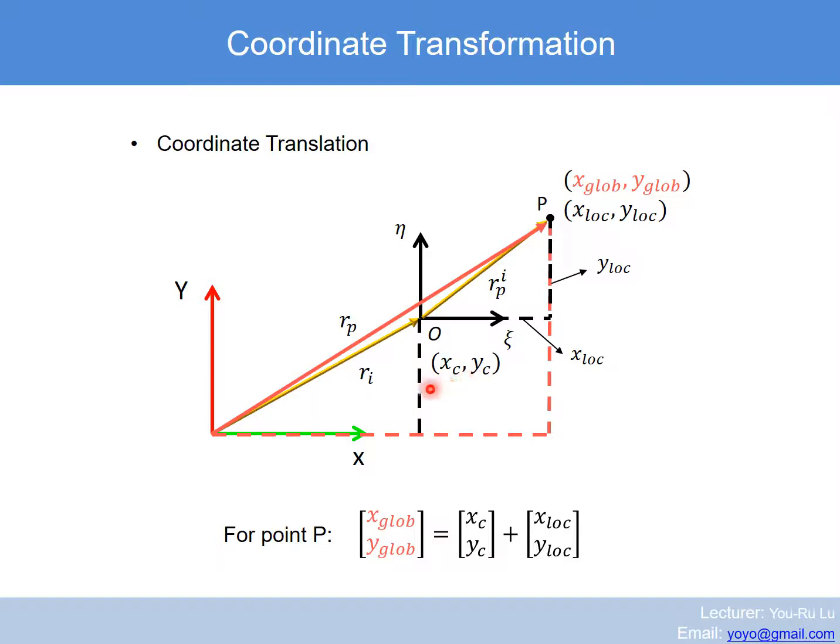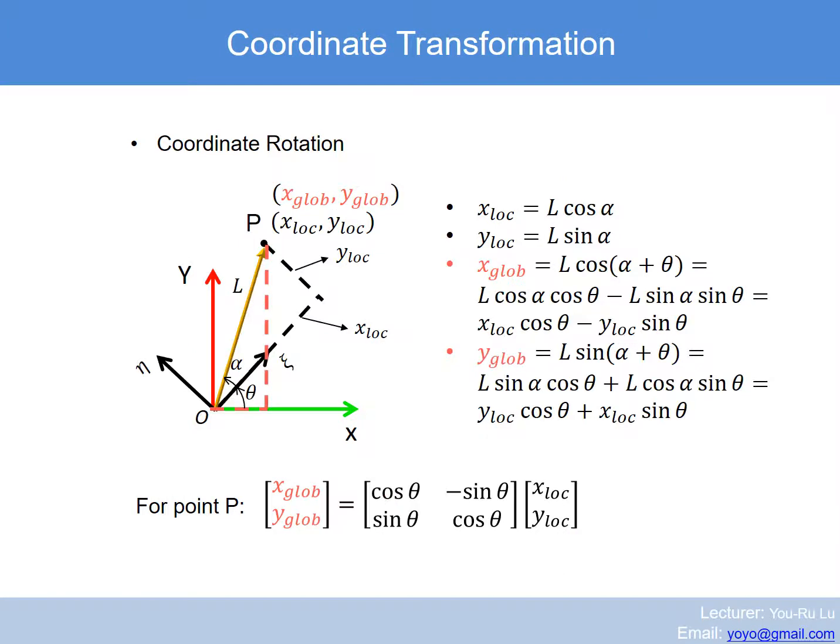So if we say the position of P in the local coordinates is x local, y local, then the position vector of P in global coordinates, which is Rp, is xc, yc plus x local, y local. Easy, right?